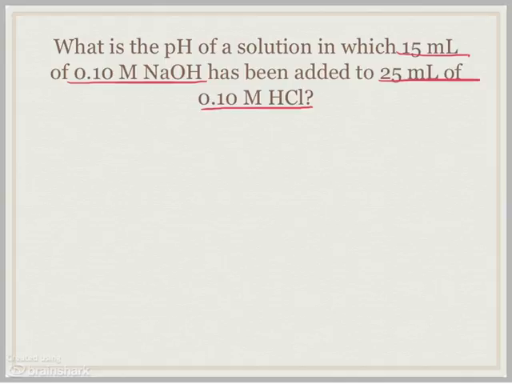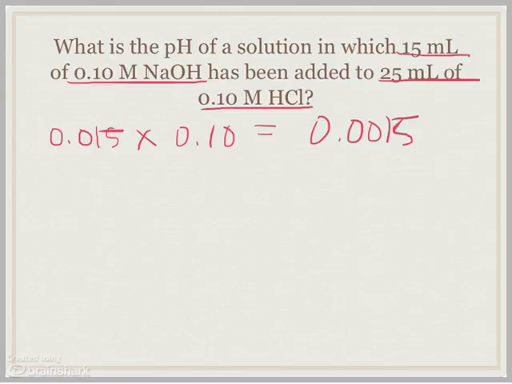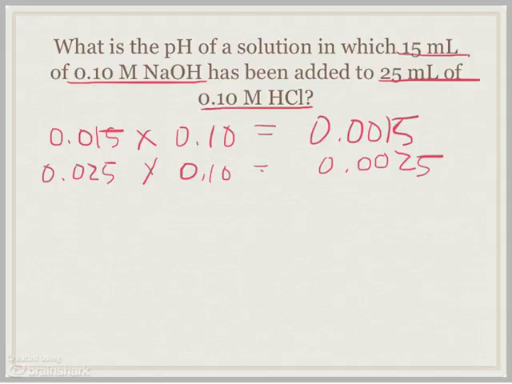So first thing you need to do is figure out how much HCl is going to be left over in this particular example. So you have 0.015 times 0.10, so you have 0.0015, and that's for the OH. Then you have 0.025 times 0.10, so you have 0.0025 moles of HCl.